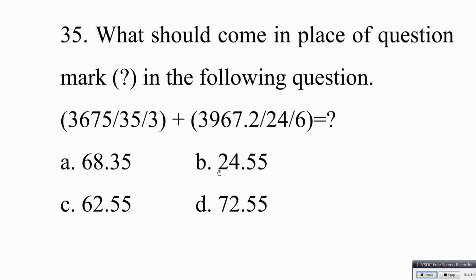Options are not nearby, so you can do rough calculation also. 67.2 can be taken as 68, something like that. No issues, because the options are far away, with a minimum difference of 6. So instead of 67.2, you can take 68 or 70, no problem.